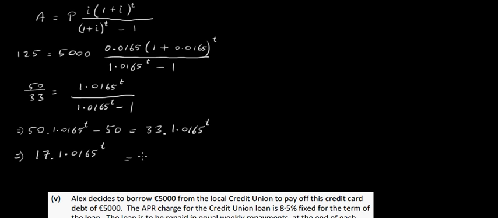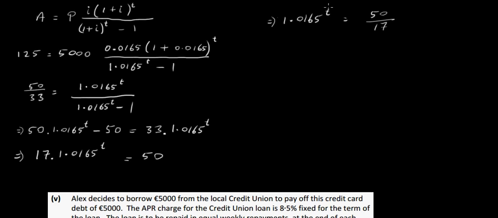I'm going to take this minus 50 and bring it over here, so I end up with 50 on this side. Now, next thing I'm going to do is divide across by 17, so I end up with 1.0165 to the power of t is equal to 50 divided by 17.